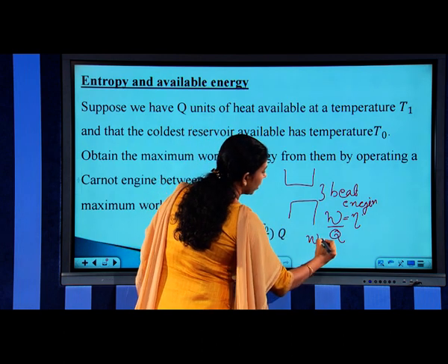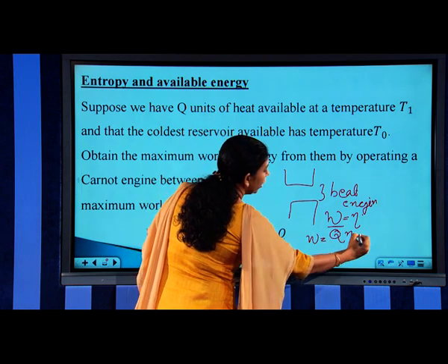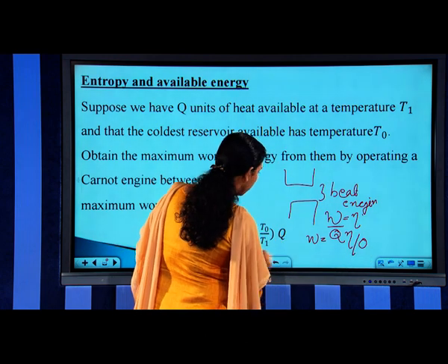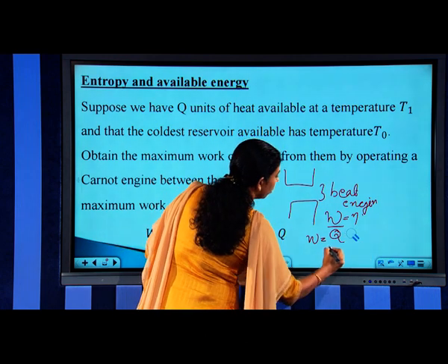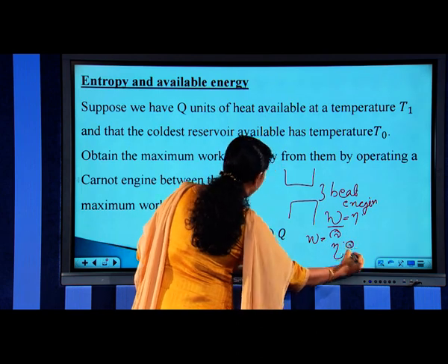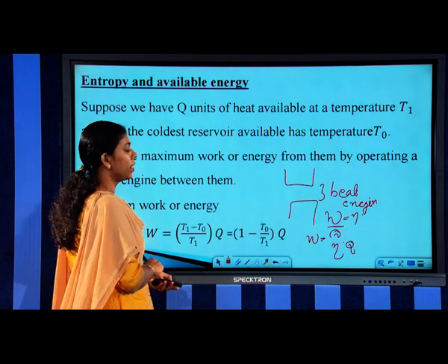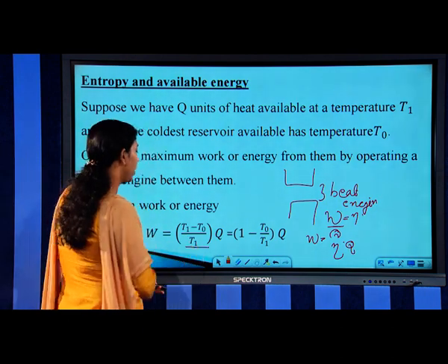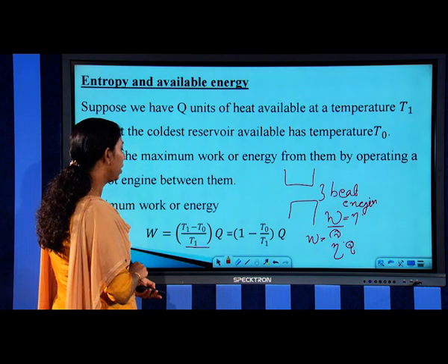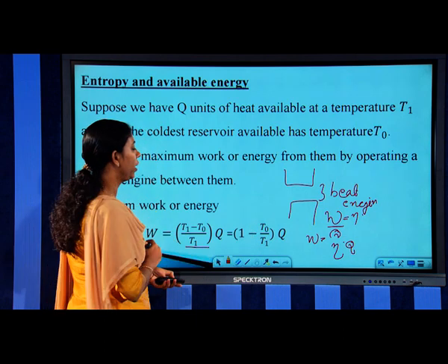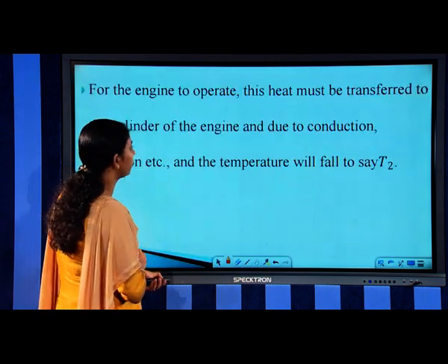Then maximum work is given as eta into Q. Here eta is the efficiency of the Carnot engine, given as T1 minus T0 divided by T1, so W is 1 minus T0 by T1 into Q.